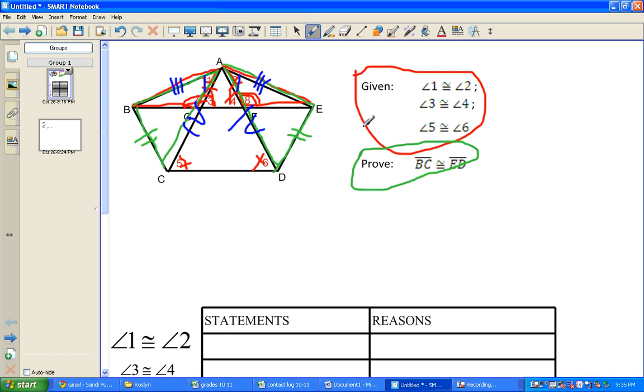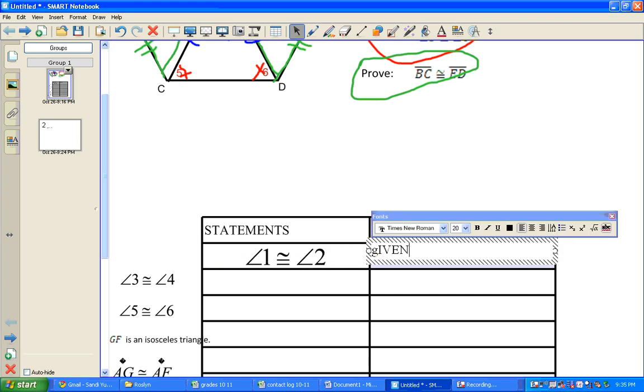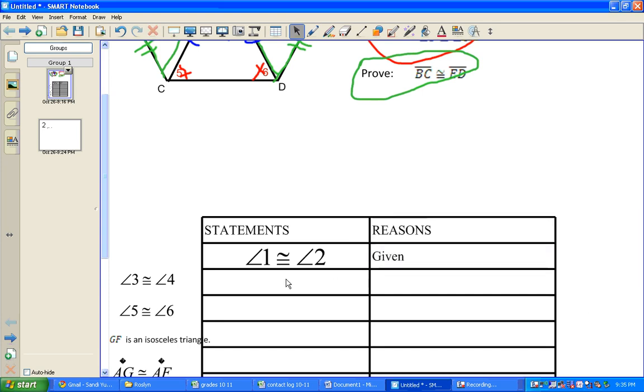Let us try to write up the proofs now then. As we mentioned before, angle 1 and angle 2 are congruent due to given. And angle 3 and 4 and angle 5 and 6 were all congruent by the same reasoning.